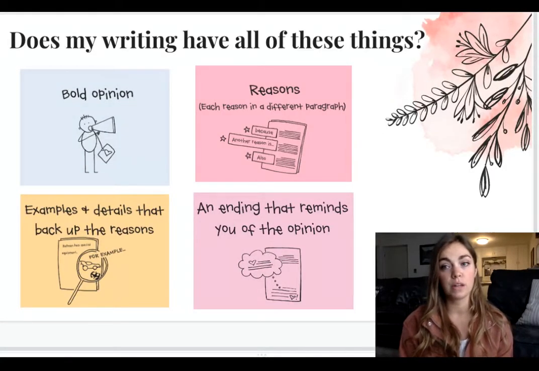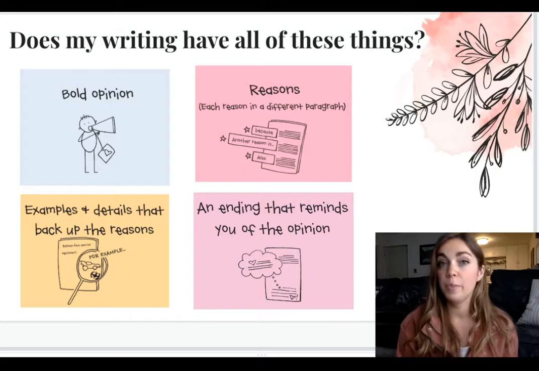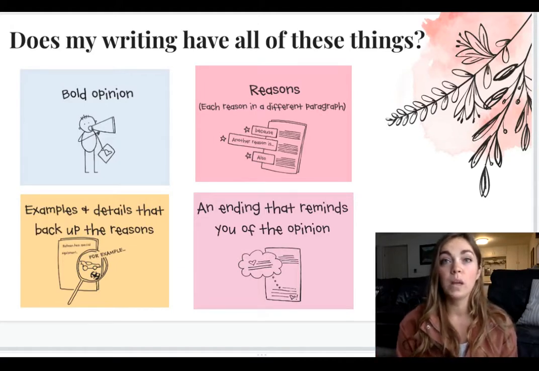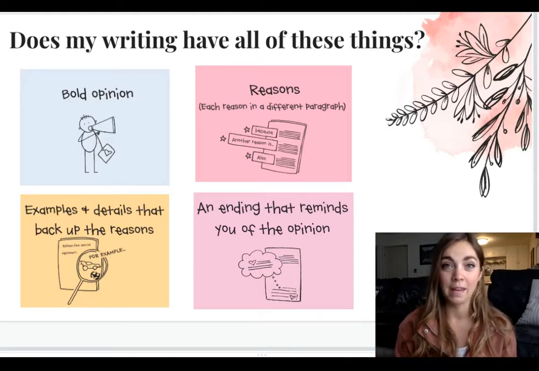So you could write about which superhero is best, kind of like our Batman writing. Or you could write your opinion about which animal would make the best pet. And you don't have to just limit it to dragons. It could be across all animals. Which one do you believe is the best pet?